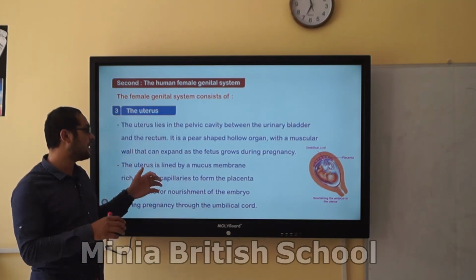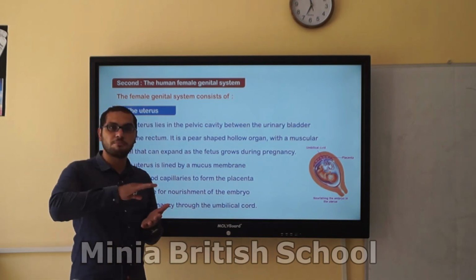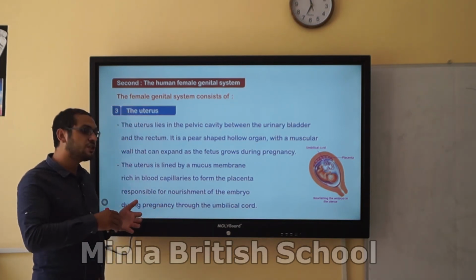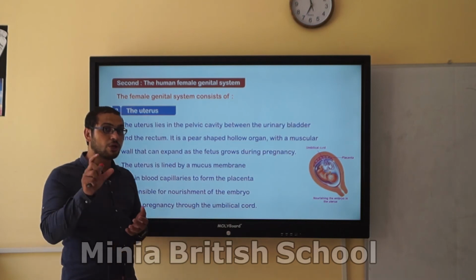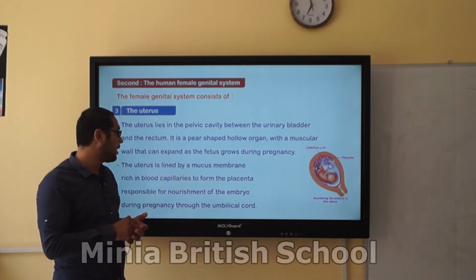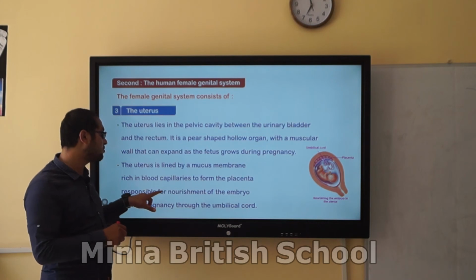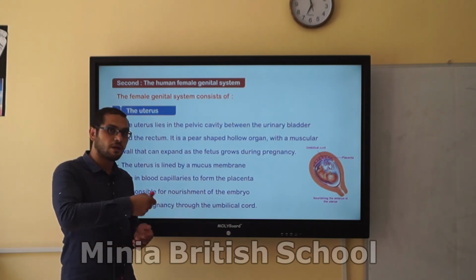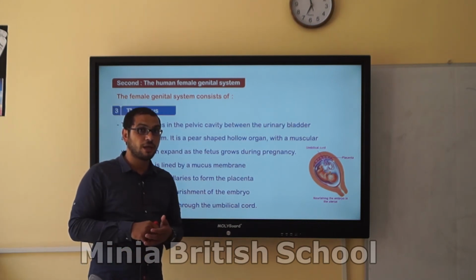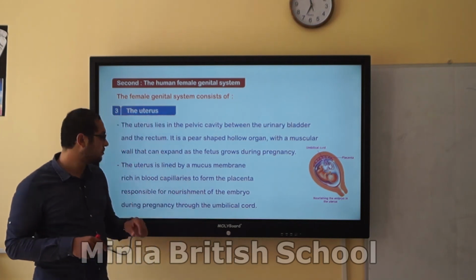The uterus is lined by a mucous membrane rich in blood capillaries, where the placenta forms. The placenta is responsible for the nourishment of the embryo, by the umbilical cord.